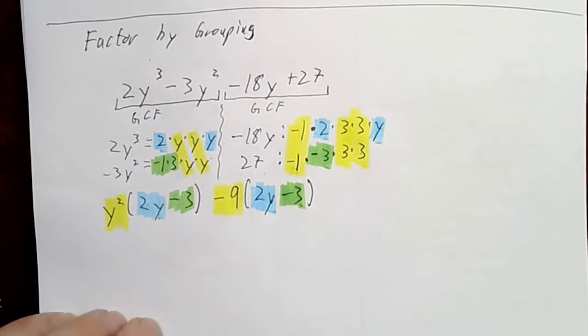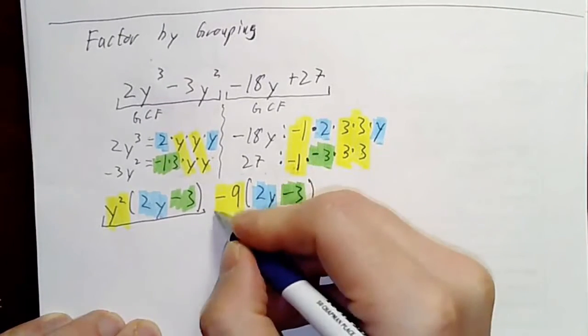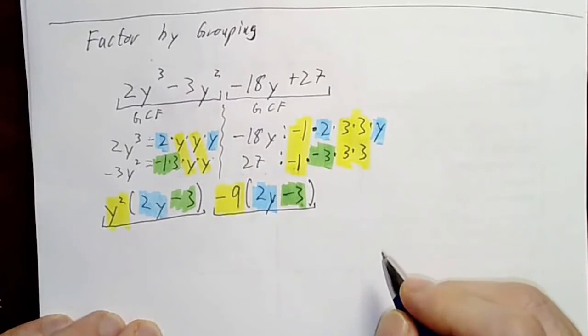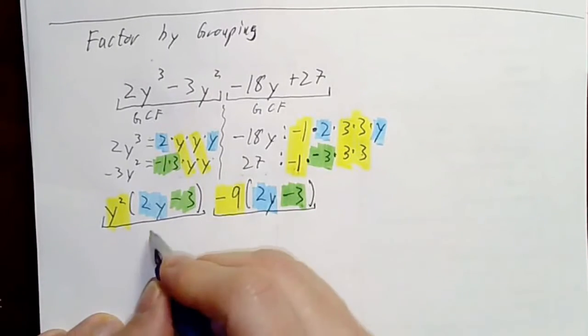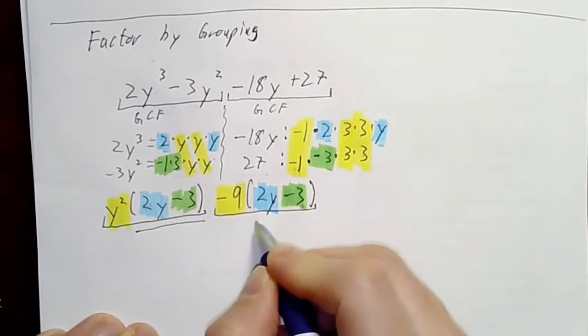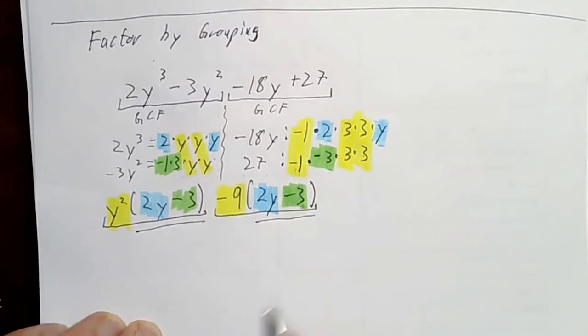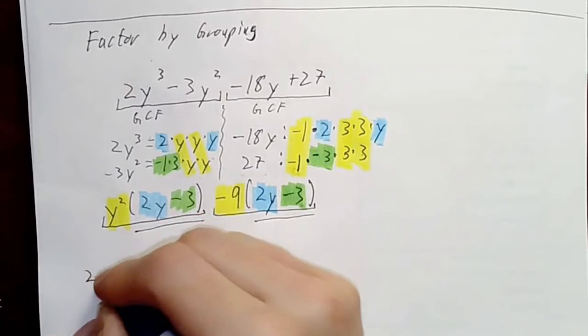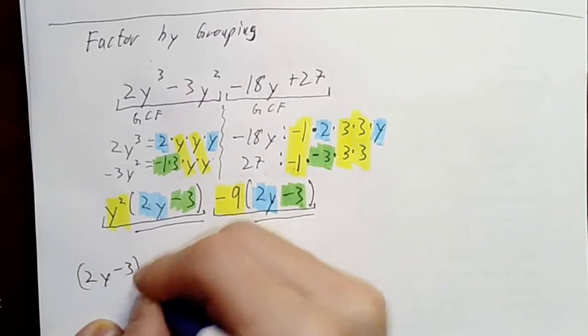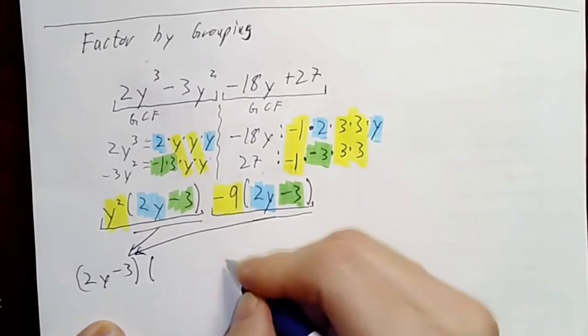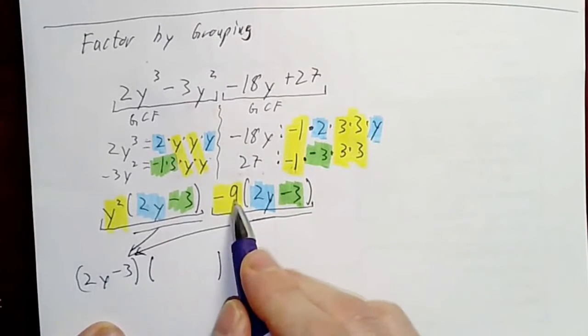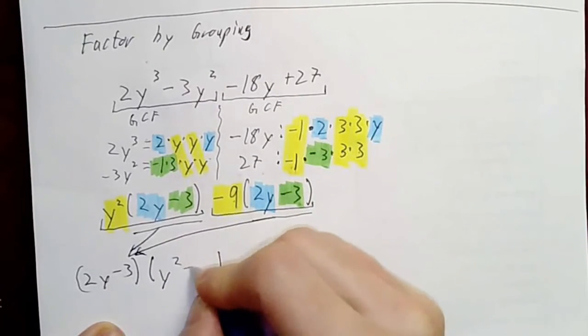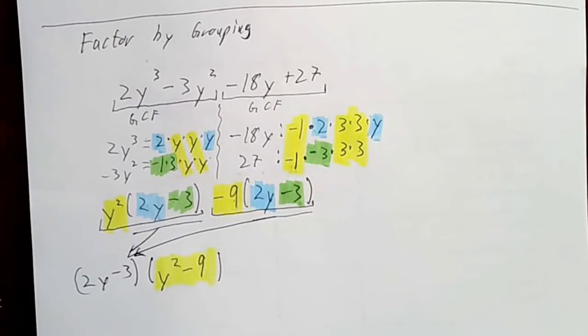Because again, what do my two terms have in common in terms of their GCF? They both have 2y minus 3 in common. And so I'm going to factor that 2y minus 3 out. 2y minus 3 is getting factored out. And what am I left with? I'm left with the two yellow highlighters. y squared minus 9. The prompt is to factor completely.